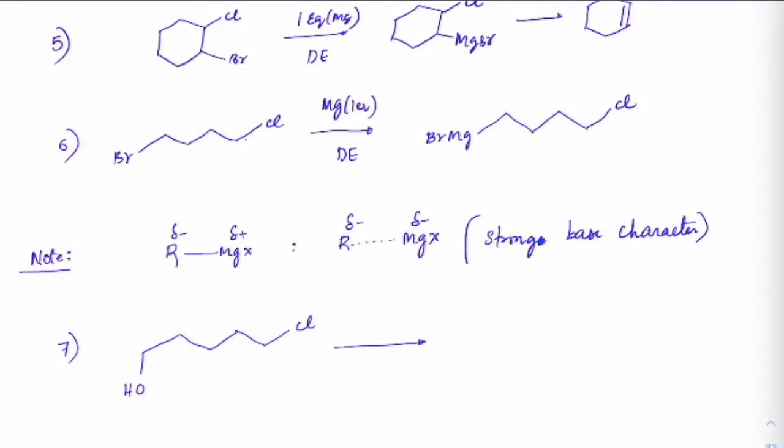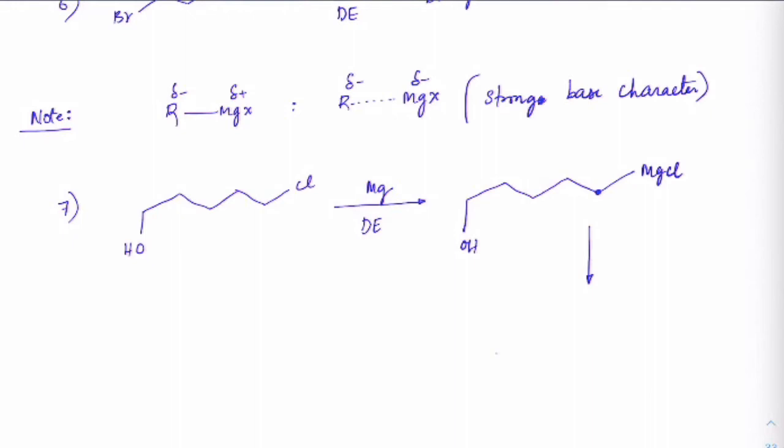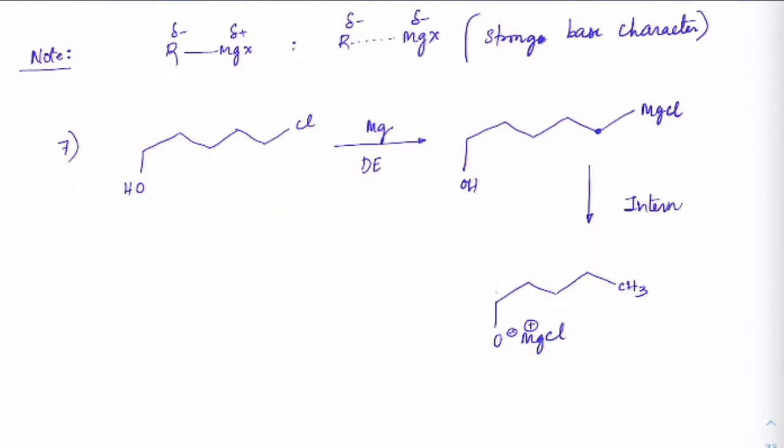If I treat that with magnesium in dry ether, first we will see MgCl formation with OH here, and then this H plus will get transferred onto this part, which means this CH3 will take away that H plus and we will have CH3 here, O minus, MgX plus and Cl. This is more or less like an internal proton transfer.